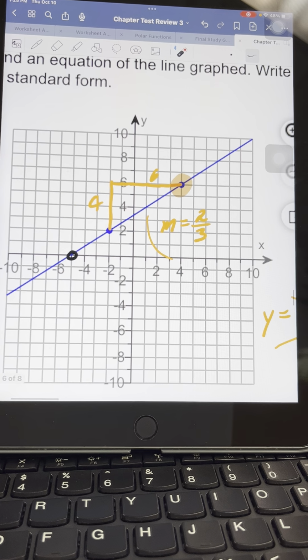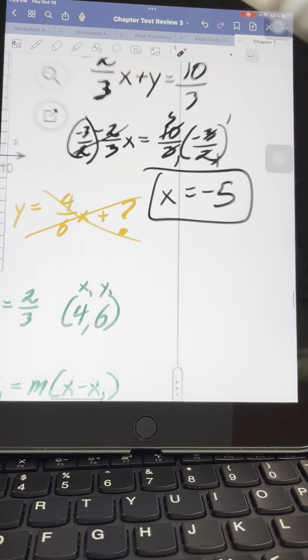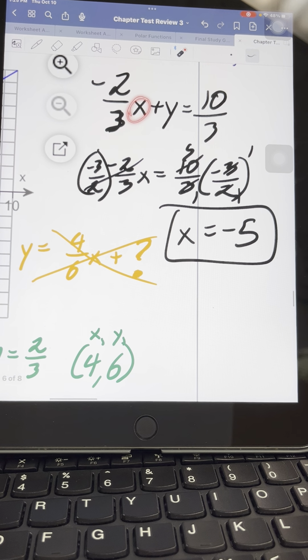Now, same thing. The x-intercept is when y equals 0. So if y disappears, we're left with negative 2 over 3x equals 10 over 3, multiplied by the reciprocal to cancel out. This is what we call the multiplicative inverse.